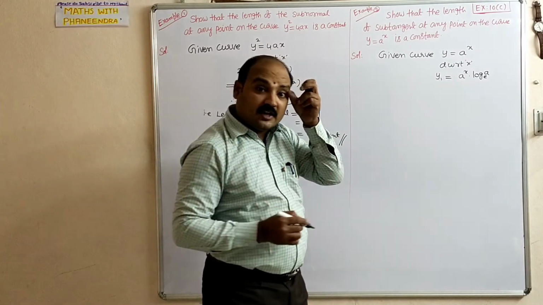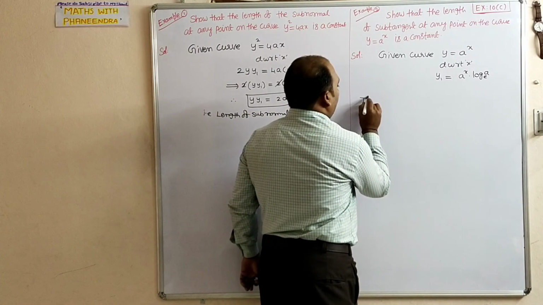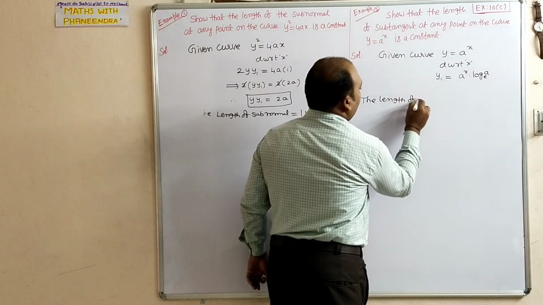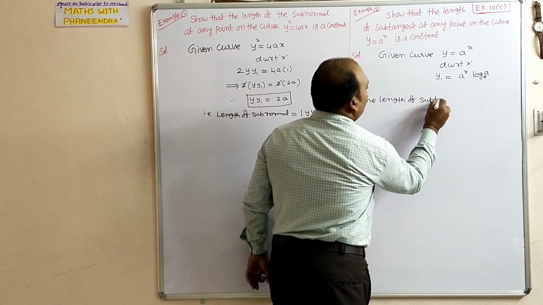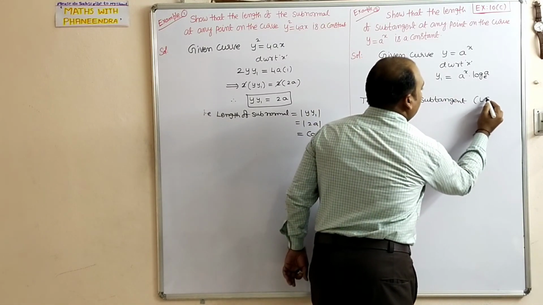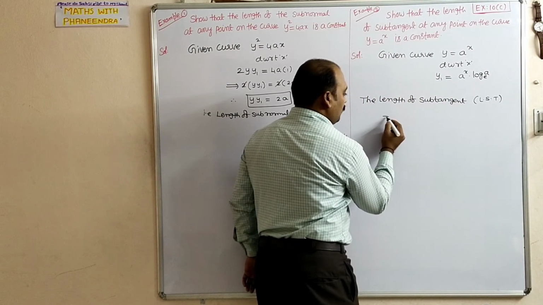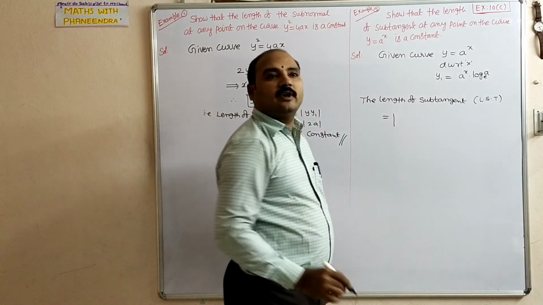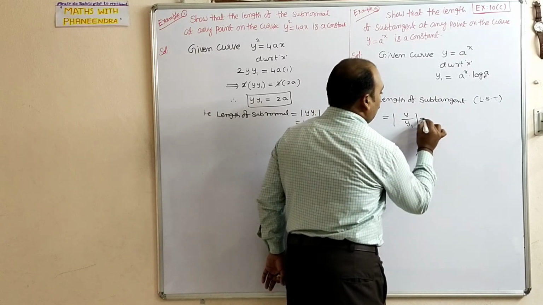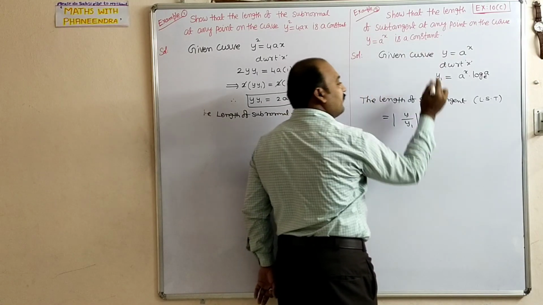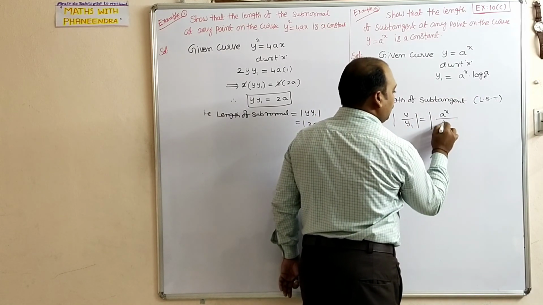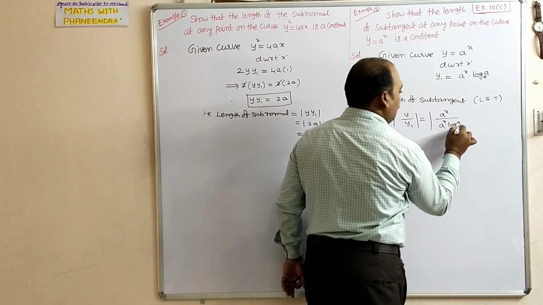What is the formula for the length of subtangent? The length of subtangent, LST, is equal to mod y by y1. What is the y value from the given question? a power x, by y1 value a power x into log a to the base e.